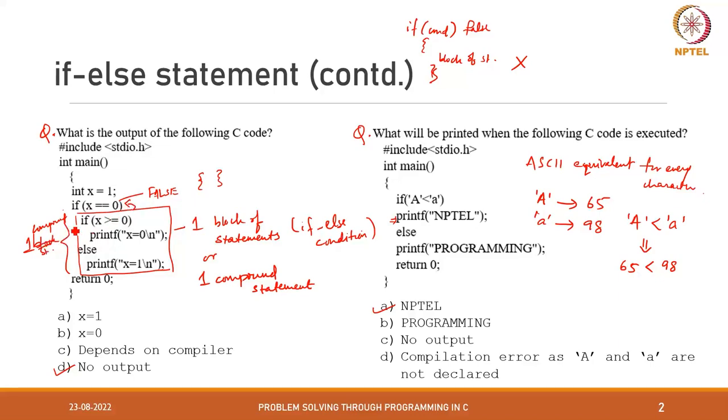That is what is happening here, because this condition x equals 0 is false here because x is 1. So this entire compound statement, which is the if else block, is completely getting ignored, and the program goes directly to the return 0 step. So there is no output from this particular C code. Is that clear?